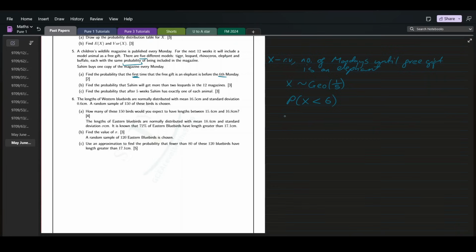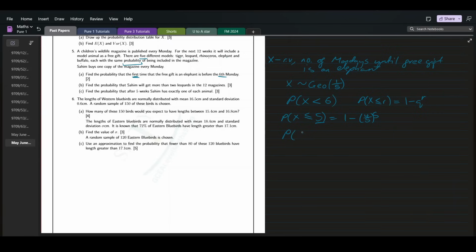Okay, so we can write this as the probability that x is less than or equal to 5, which allows us to use the idea that the probability that x is less than or equal to r is equal to 1 minus q to the power r. So this is 1 minus q, where q is the probability of failure, 4 over 5, to the power r, which is 5 in this case.